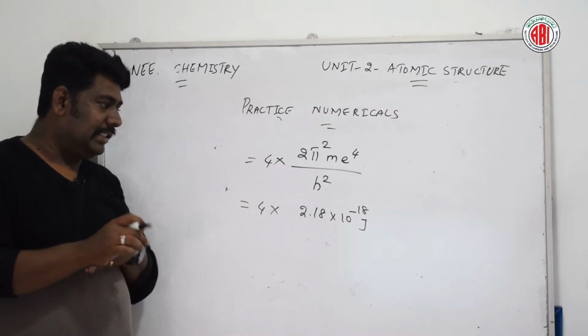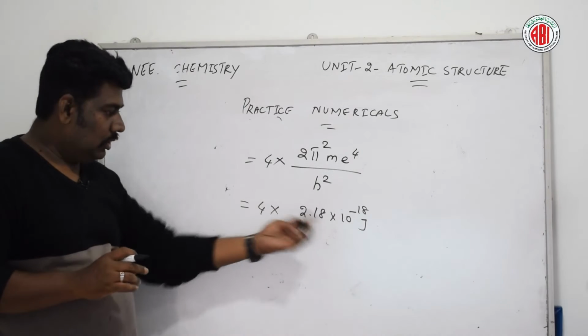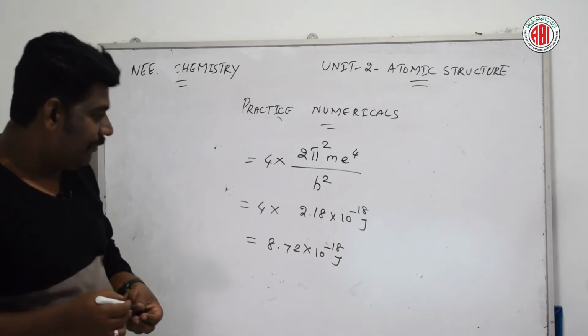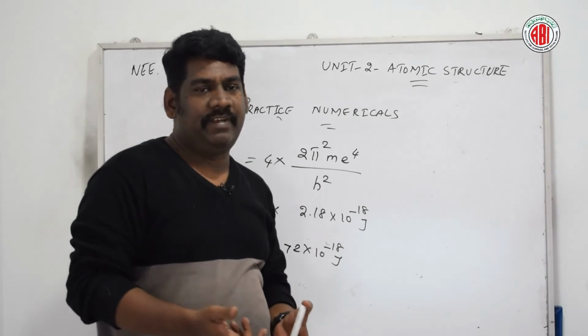So multiplying this we get 8.72 into 10 to the power of minus 18 joule. So by this way we can solve this problem.